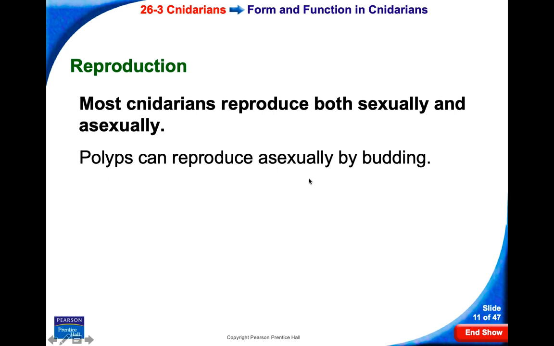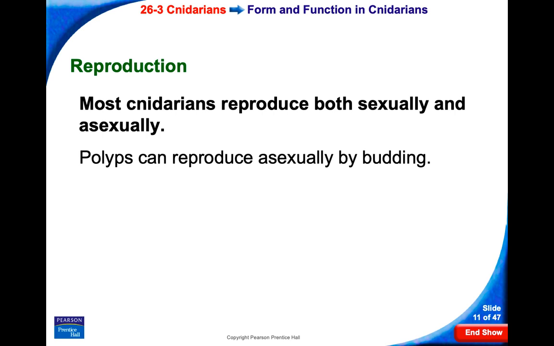And all that really means is budding, which is when an existing polyp grows another polyp off of it, kind of like branches on a tree, the same sort of idea. Polyps reproduce this way, and the different polyps that are made this way end up being exactly identical to one another genetically. That asexual reproduction is just making exact copies of the original parent. Okay, so that's how they reproduce.